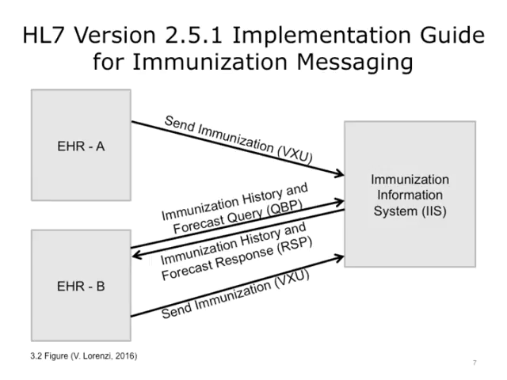The IIS responds with the history and forecast using the RSP message. Then the clinician is able to have a full picture of the patient's immunization records as he or she makes immunization decisions. If the clinician then immunizes the patient, a VXU message would be sent to notify the IIS of the new immunization administration. The data flow between EHR-B and the IIS depicts this scenario.